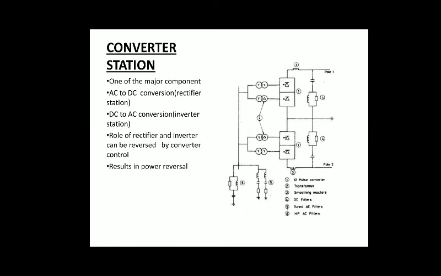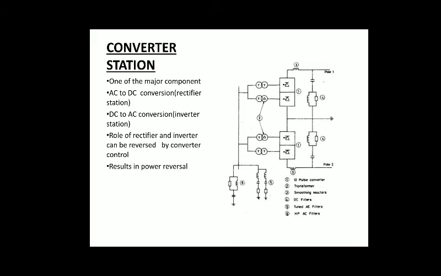After that we have star-delta connection, after that star-delta connection, and after that star connection. After stepping up or stepping down, we have SCRs, that is the converter station. We have silicon controlled rectifiers which are converting AC to DC.